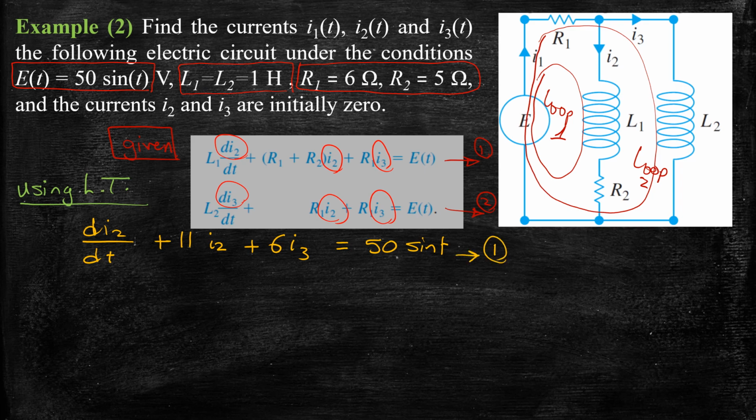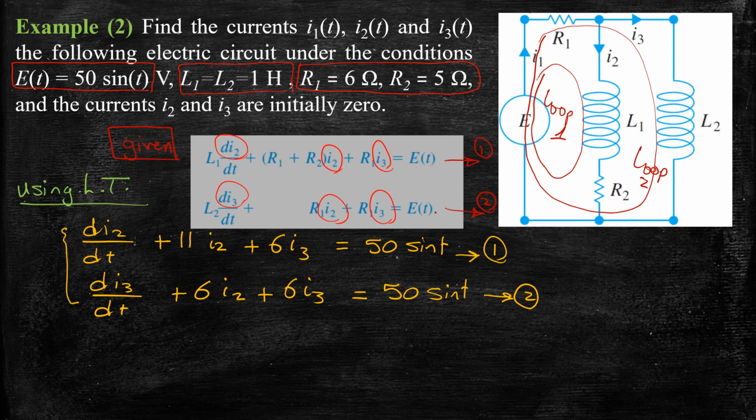We didn't do Laplace transform yet. The second equation will be di3 by dt plus 6 i2 plus 6 i3 equal to 50 sine t, which is our equation number 2 after substitution.